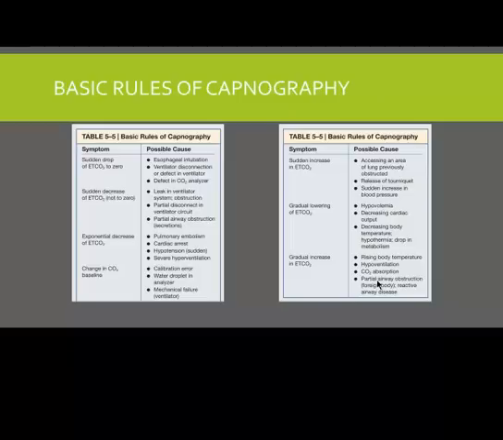Or severe hyperventilation. That could occur even if you're bagging at a normal rate, because that patient could start getting some neurofunction back and start breathing on their own some. Change in CO2 baseline, mechanical error, water droplet in the analyzer or the tube.